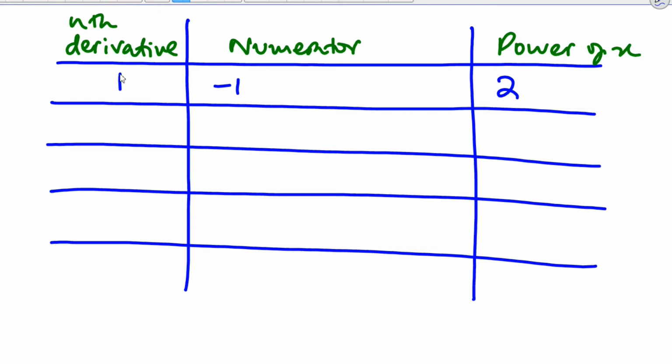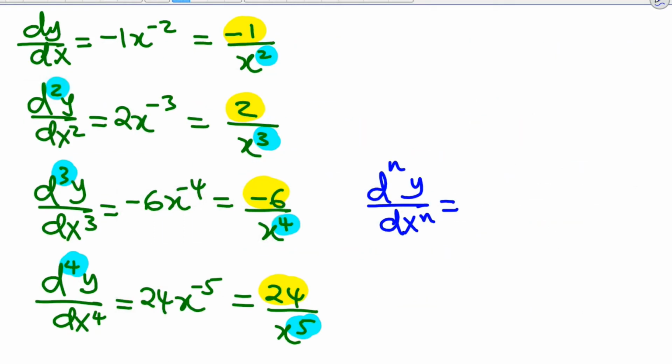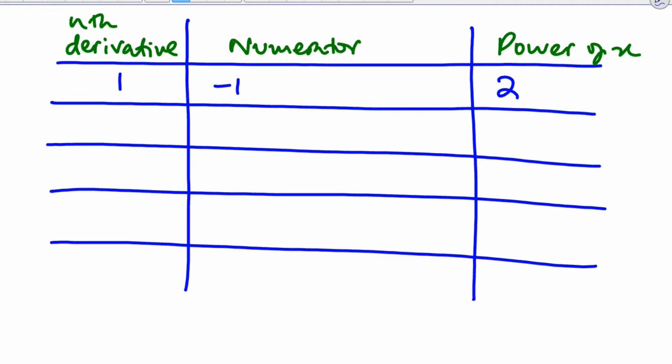And then for the next one, this is the second derivative. The numerator is 2 and the power of x is 3.